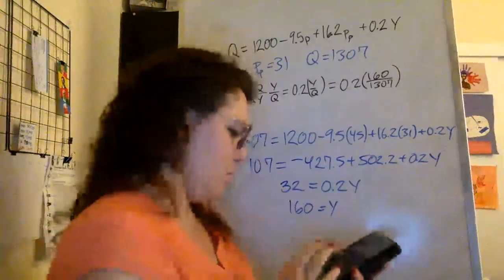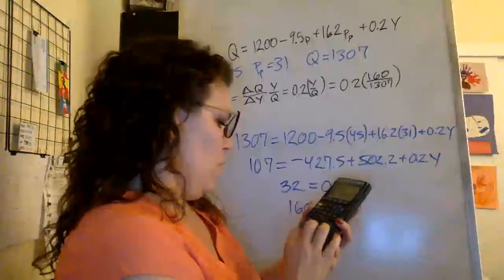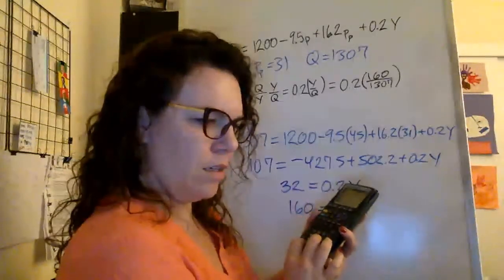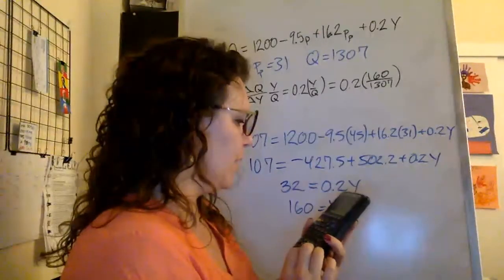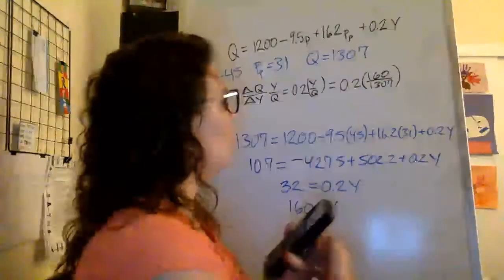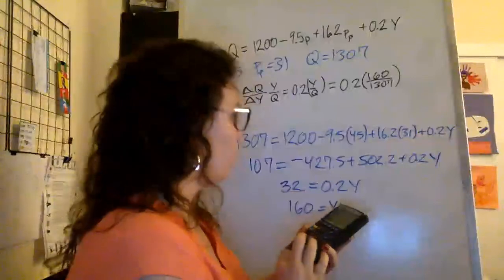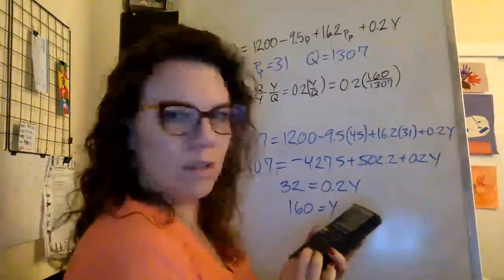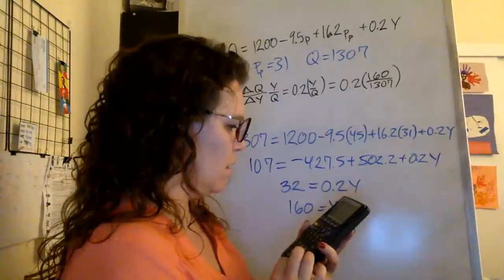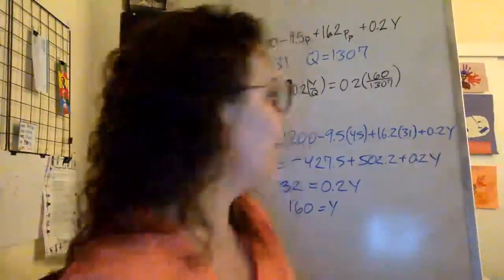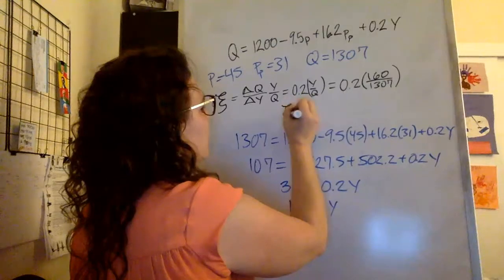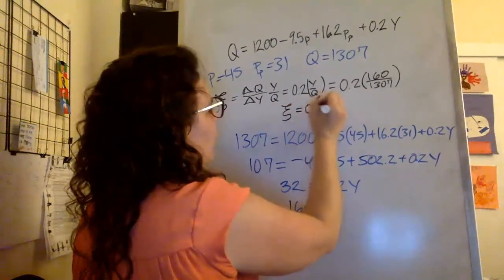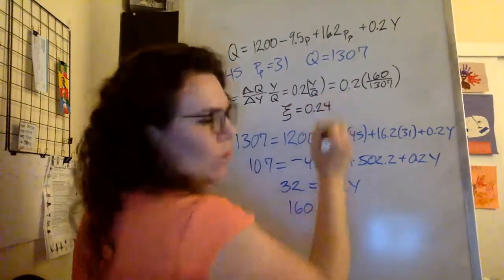So that gives us, get the calculator out, 160 divided by 1307 gives us 0.1224 times 2 gives us an approximate income elasticity of 0.244 or 0.25, depending on the rounding error.